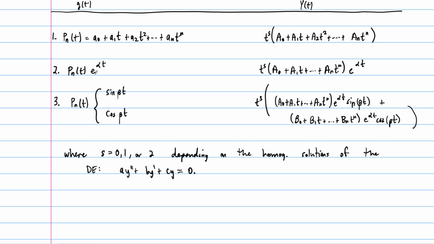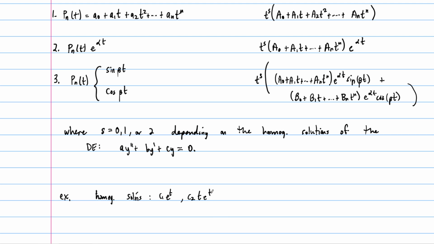But let's just do an example. Let's say the homogeneous solutions are c1 e to the t and c2 t e to the t. So repeated root, r equal to 1 in this case.